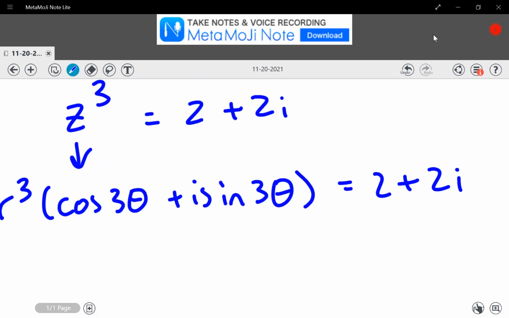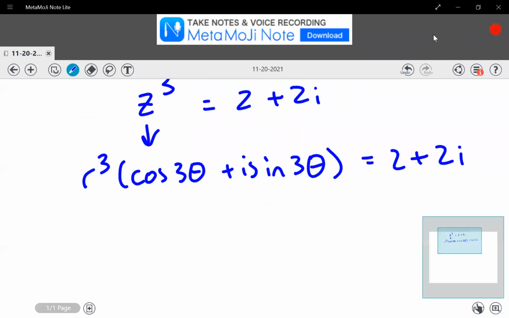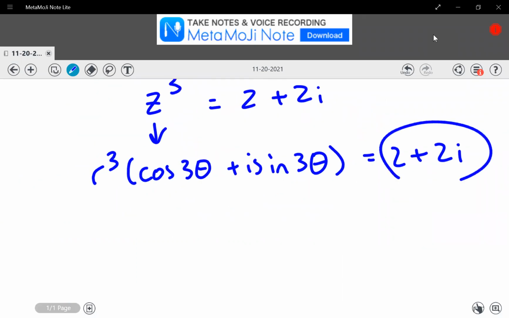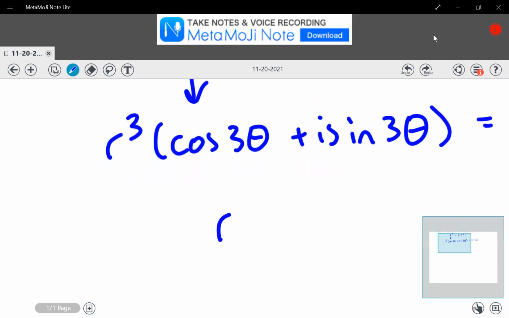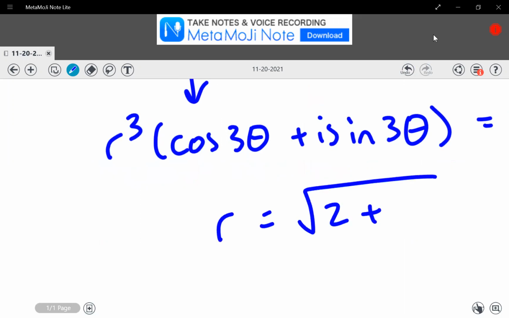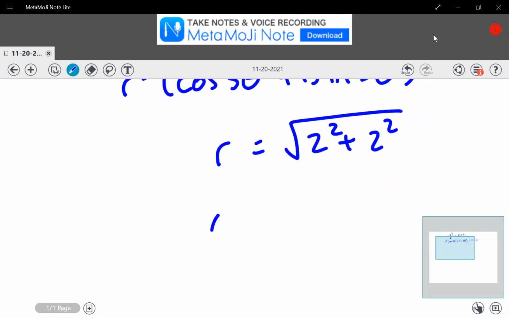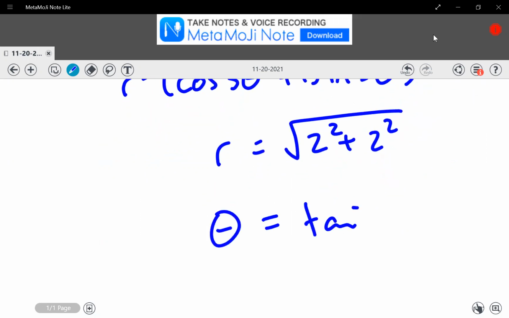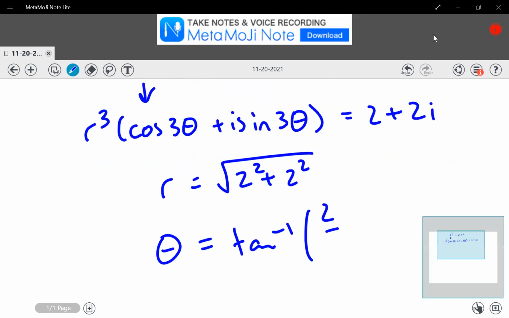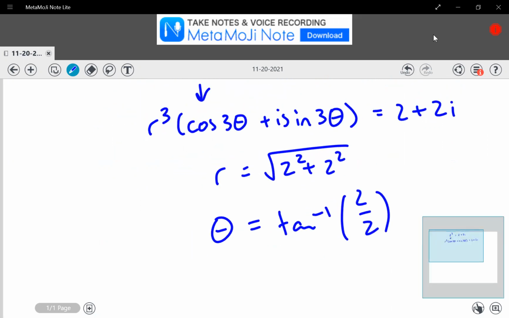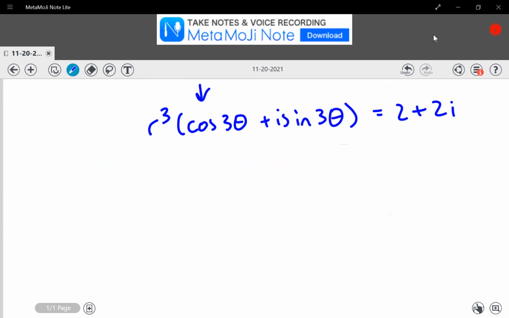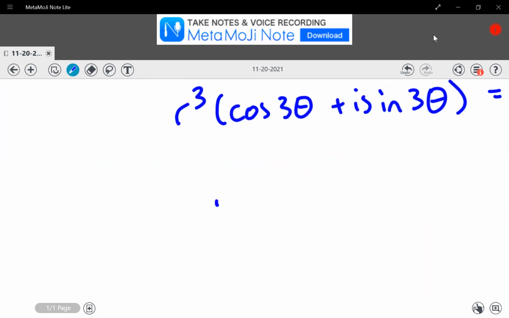All right. So what we can do is find our r and theta using a and b. Remember, r equals the square root of 2 squared plus 2 squared, and then theta is just tangent inverse of 2 over 2. All right. So what we get is that our r cubed is going to be equal to, which one is this one again?